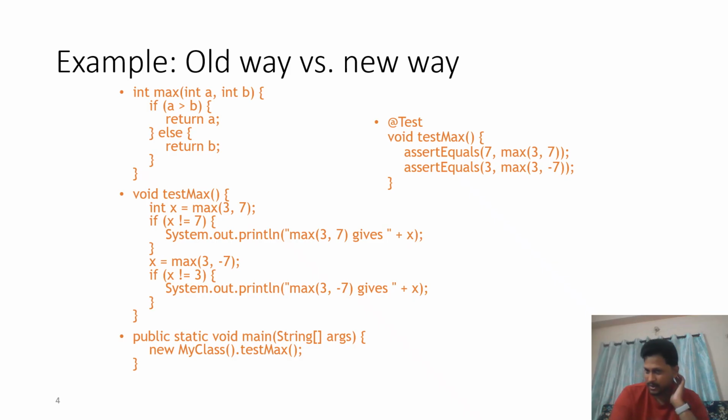But after coming to JUnit, we have a few annotations, like @Test, to specify that it is a test case. Some packages have also come with JUnit. This is the main advantage before JUnit and after JUnit. Whatever we did logically, we can easily do using annotations. We will see it in the next slides.